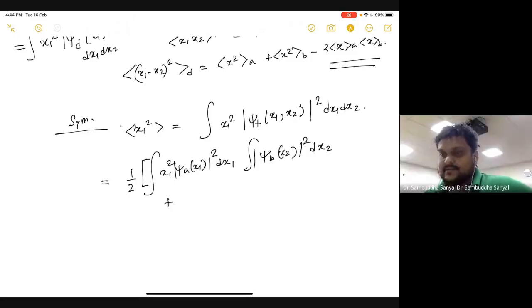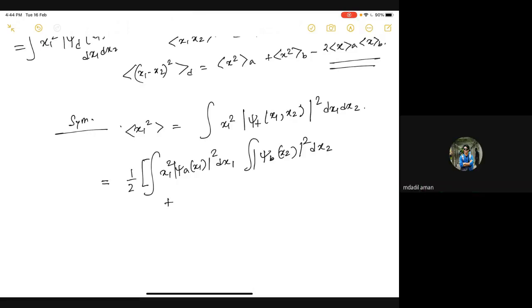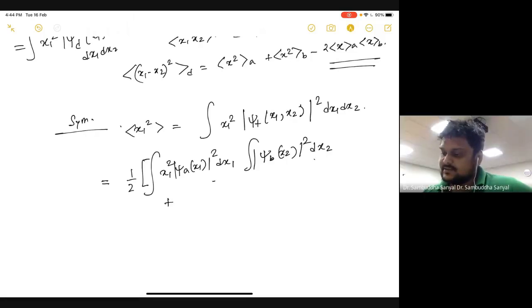What about the second term? Will there be dx square? No, there should be dx2 here and dx1 here. Okay.